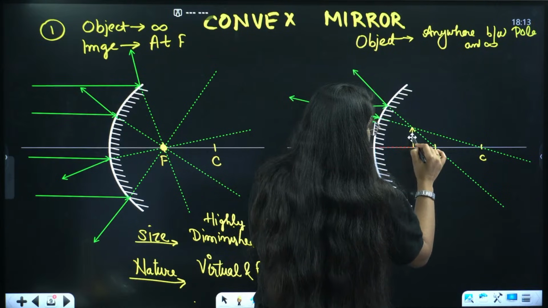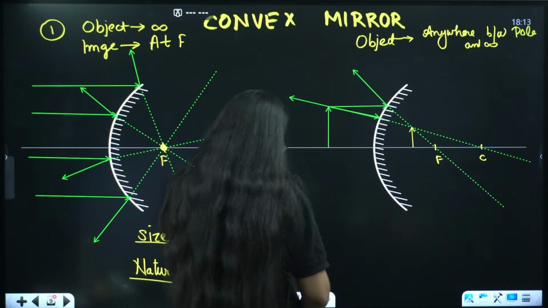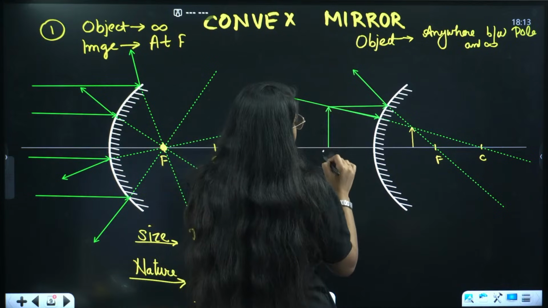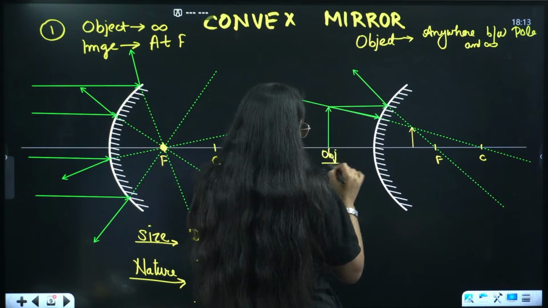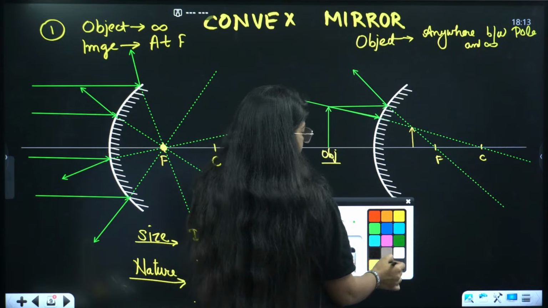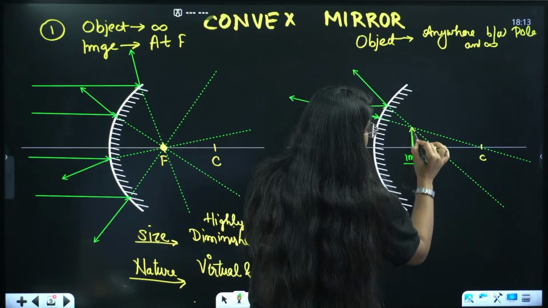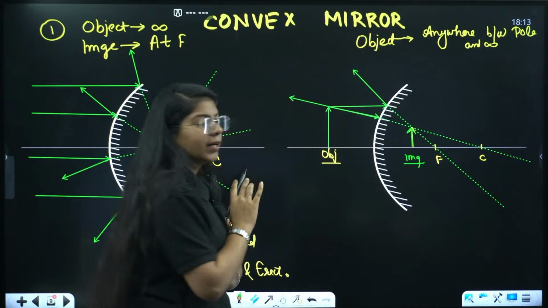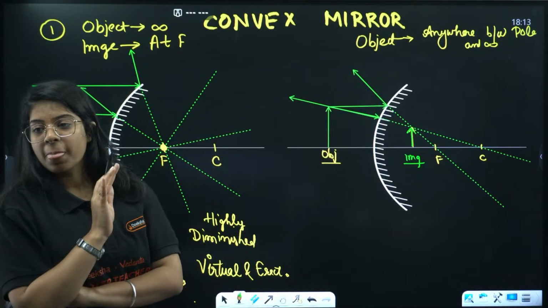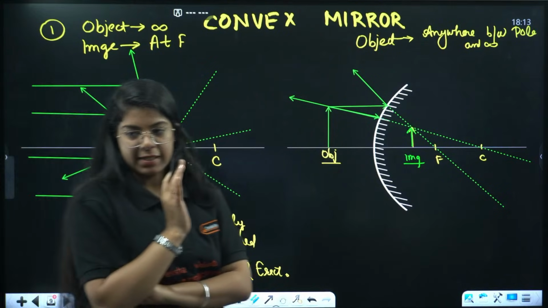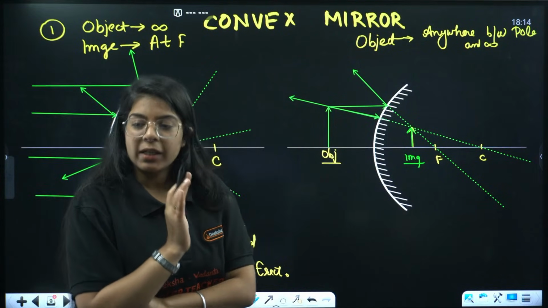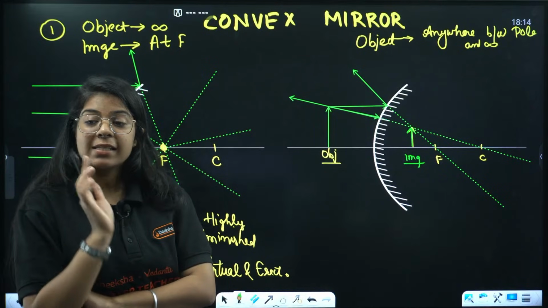ठीक है? Everyone understood? So this is my object and this on the other hand is my image. Done? Everyone understood? Why dotted line? Let me tell you. Because the line is imaginary.